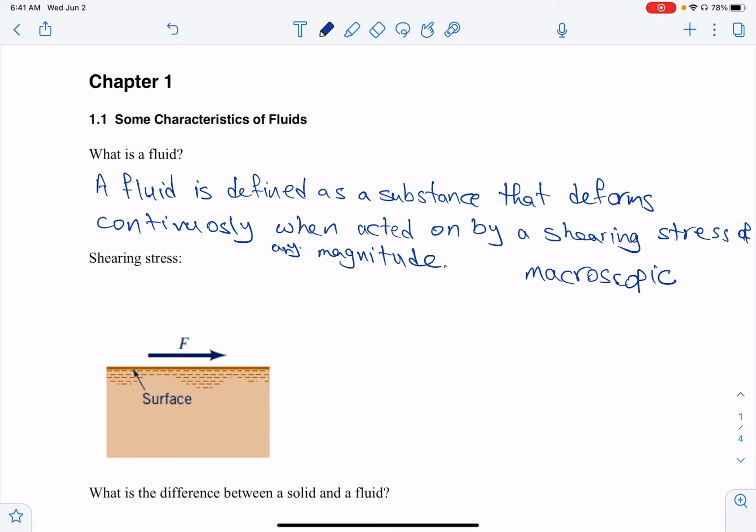We need to consider the average characteristics over a small volume of many molecules rather than individual molecular action, which is called the continuum approach. There is also a graduate-level course on this continuum approach, and it's actually a hard course. It's not that easy, but it's okay.